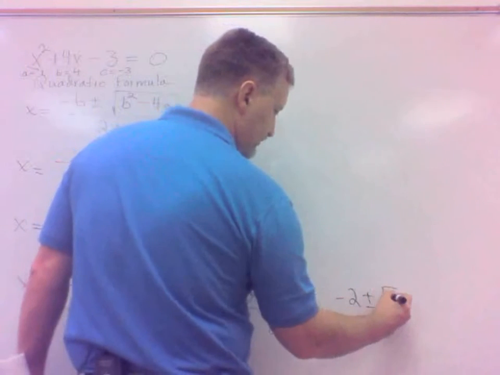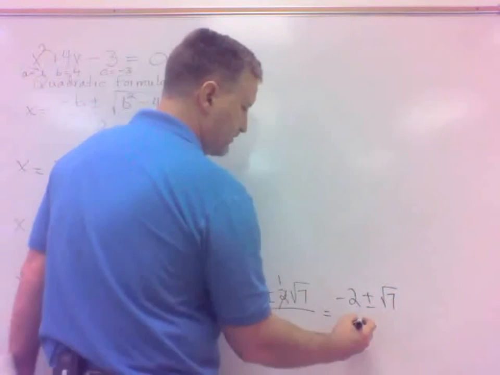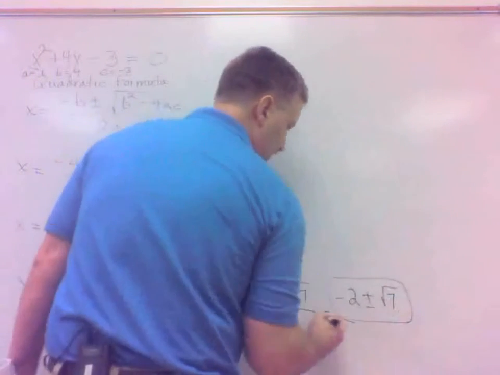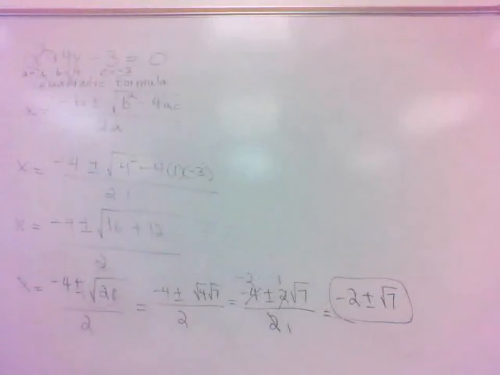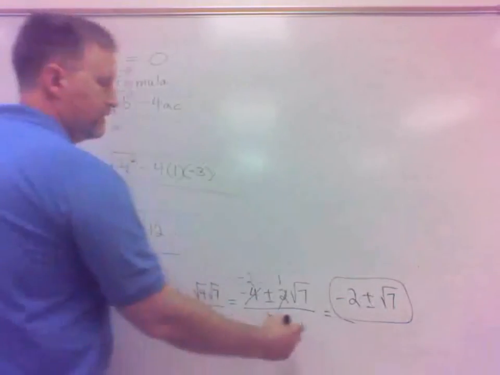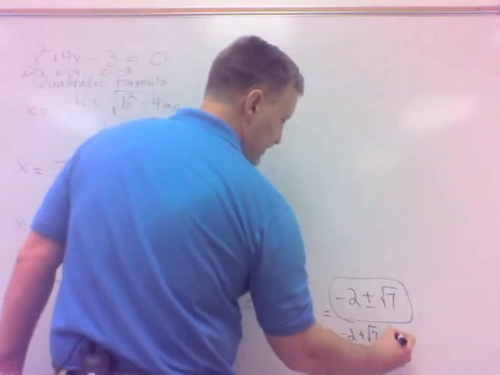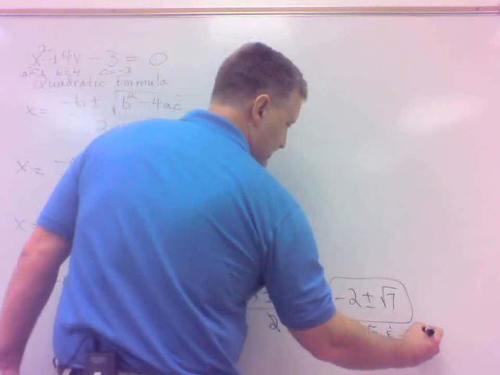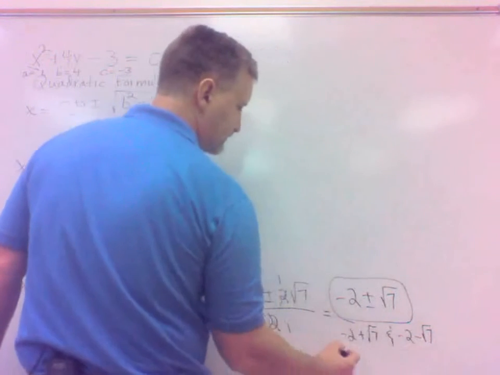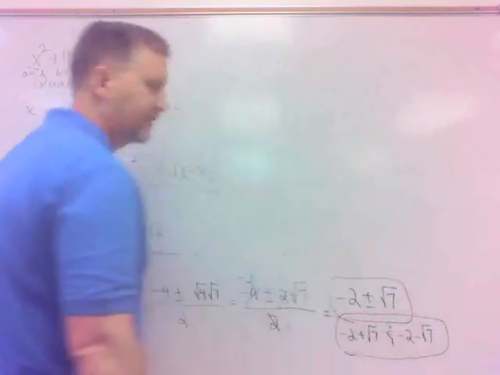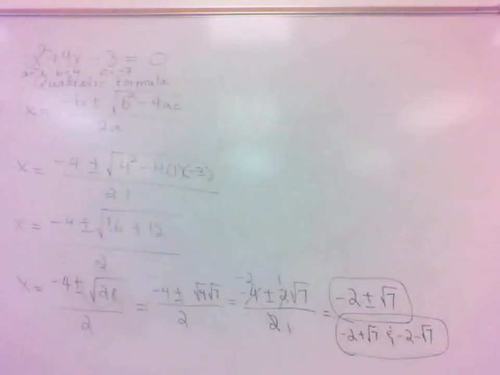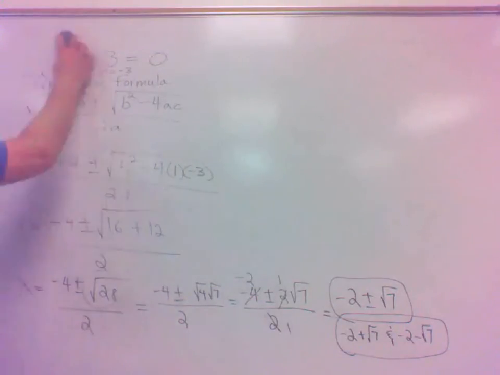You don't have to write that 1, so there are the 2 answers: negative 2 plus the square root of 7 and negative 2 minus the square root of 7. You don't have to split them out there, but I'm making the point that there are 2 answers. So sometimes, of course, you have to use the quadratic formula.